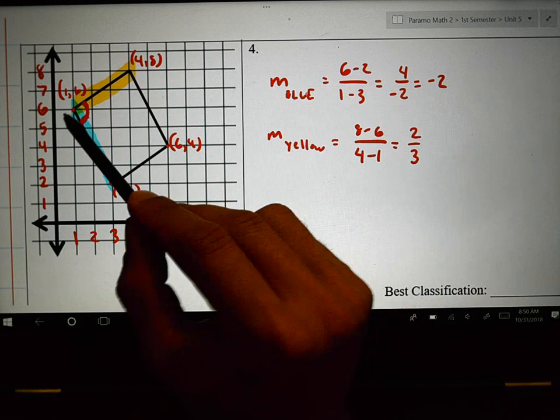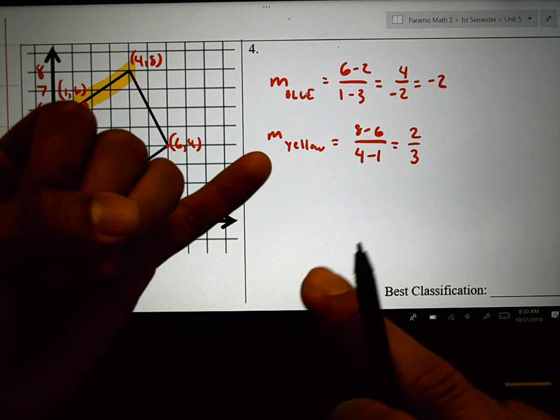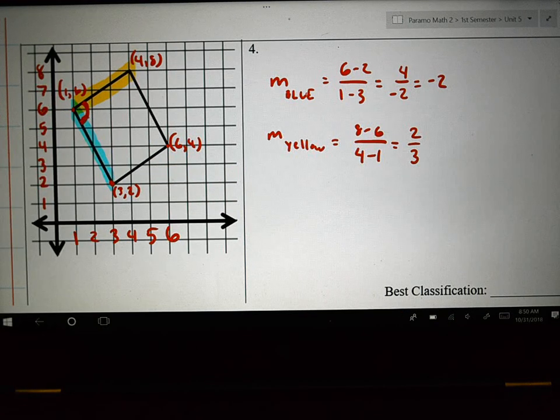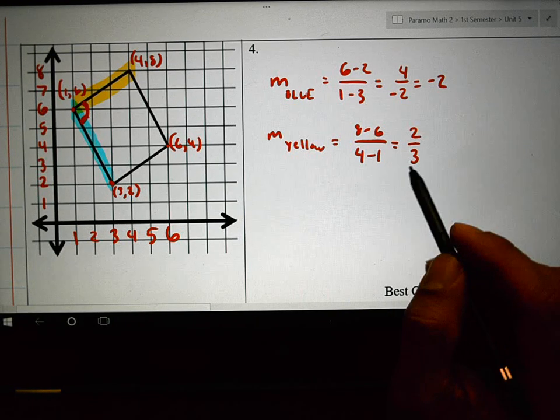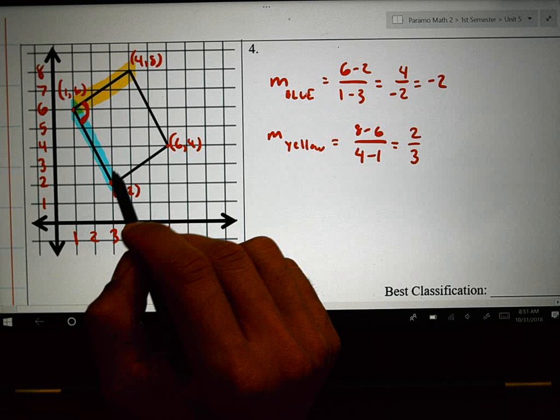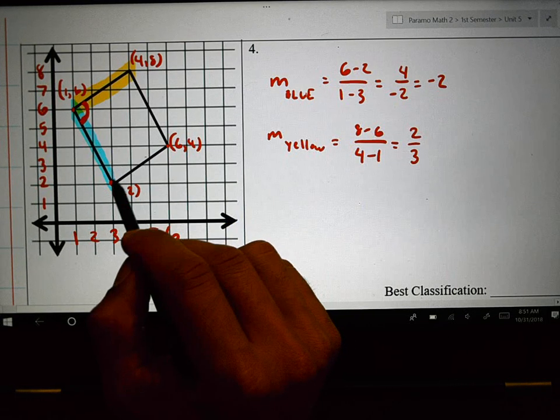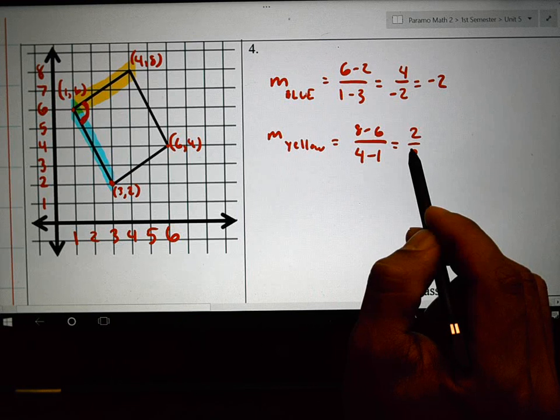Which means this cannot be a rectangle. If I look at these and start checking the slopes of this one, let's just do the rise over the run. Rise of 2, run of 3. This slope is 2/3.